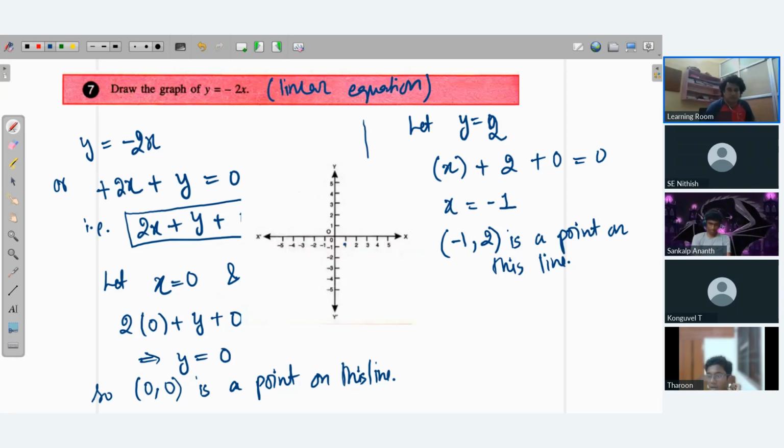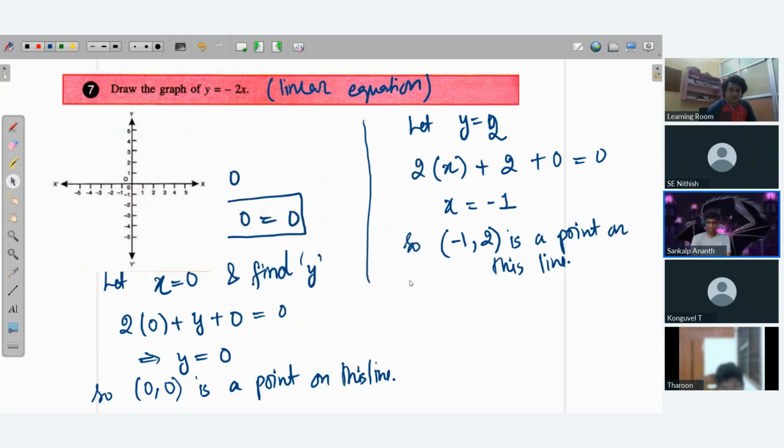So I got my chart and where is now 0 comma 0? There are multiple possibilities for this, whatever you assume will change depending upon the user. Minus 1 comma 2 is somewhere here, right?